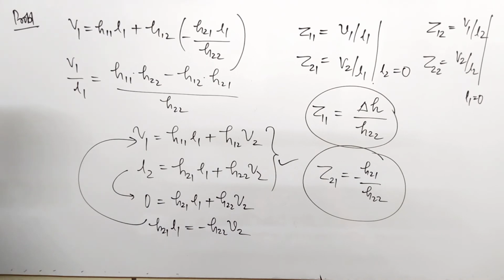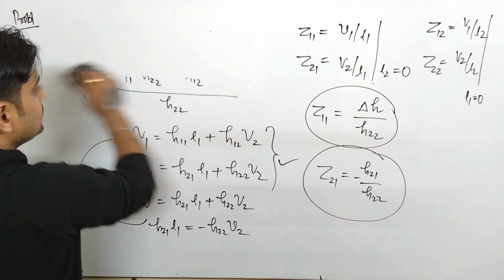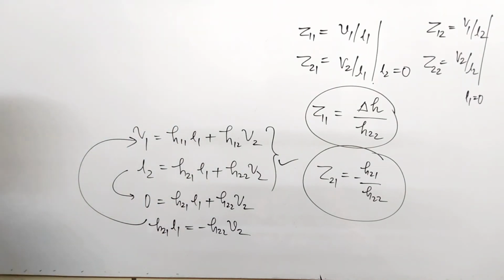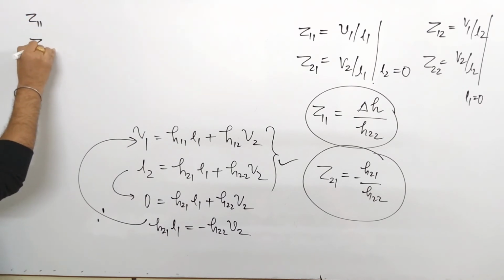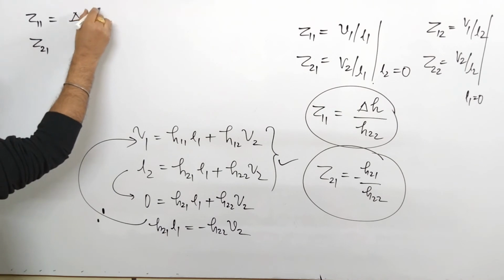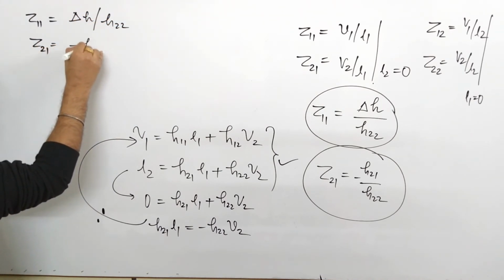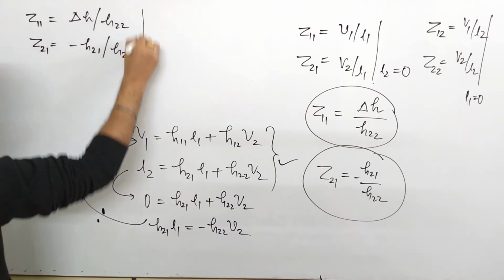Now we will find the next one. The value of z11 we have identified as del h upon h22 and z21 as minus h21 upon h22.